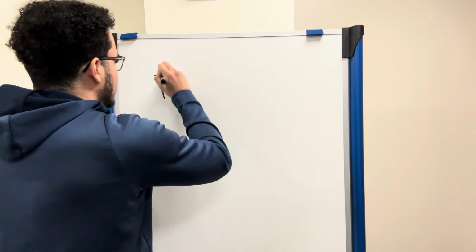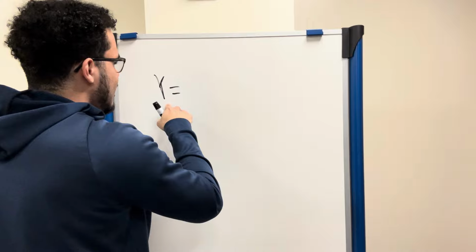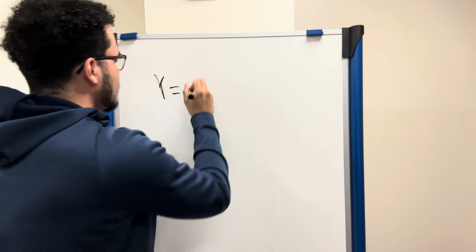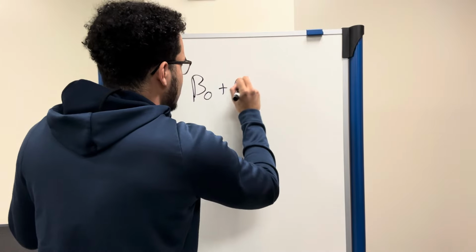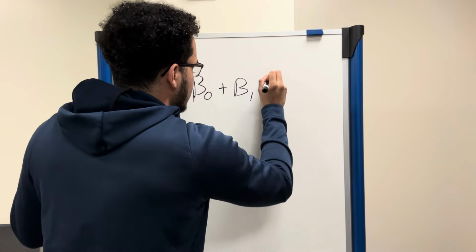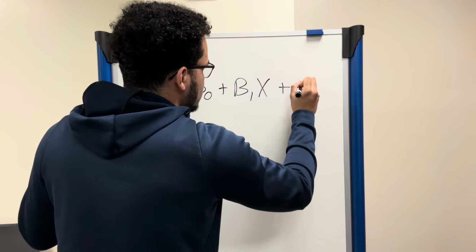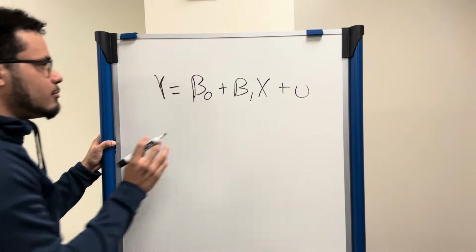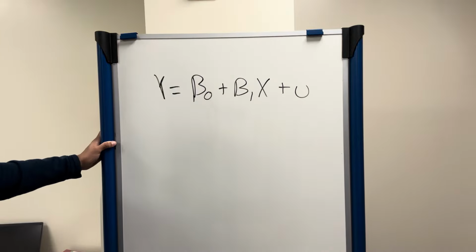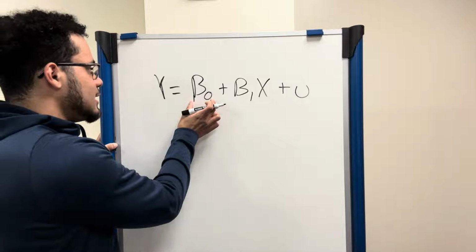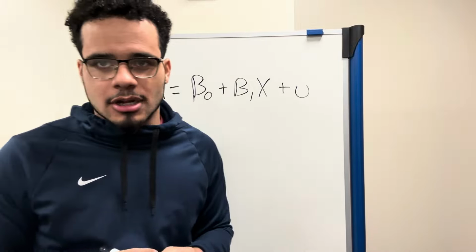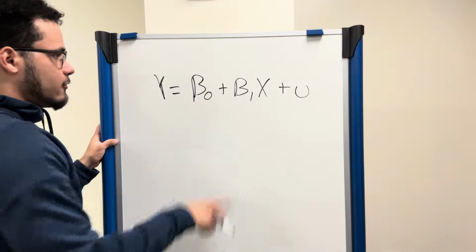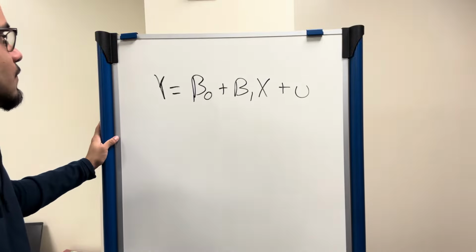So we have y, which is our dependent variable, equals beta naught plus beta 1 x plus u. We're going to break this down. Beta naught and beta 1 are our fundamental parameters of the model.